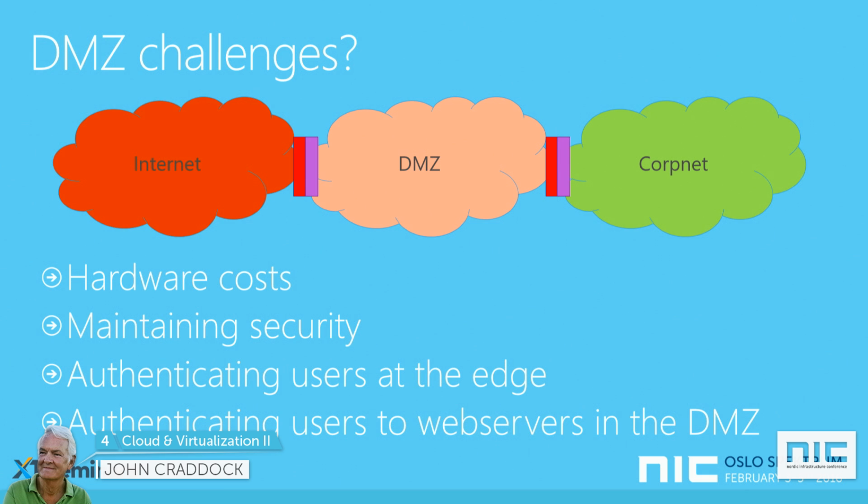But first of all, if we look at the DMZ challenge, number one, you're faced with hardware costs. So it costs money to implement it. And then the next one is maintaining security. And I put a particular emphasis on maintaining. Because when people design their DMZs or their perimeter networks, they actually probably put their thinking hats on and discuss it, and they come up with this great lockdown security. They implement it, and then they start to publish an application, or they want to do authentication to an application through it.